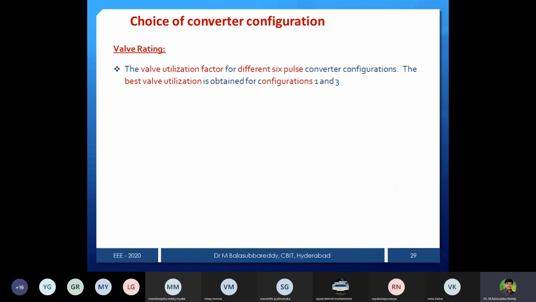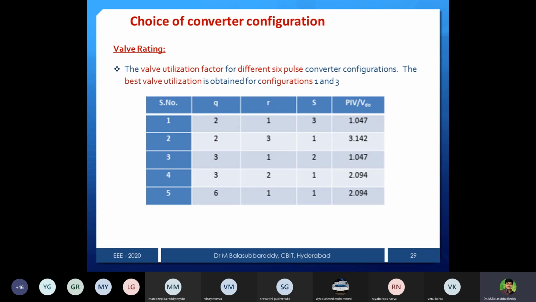Similarly, the utilization factor is different in a 6 pulse converter configuration, because we know the formula for even as well as odd, and you can try to find it for different valve configurations, because you may connect many basic commutation circuits in series, maybe 2, or in parallel, maybe 5, or a different configuration. You can use that way and find the utilization factor.